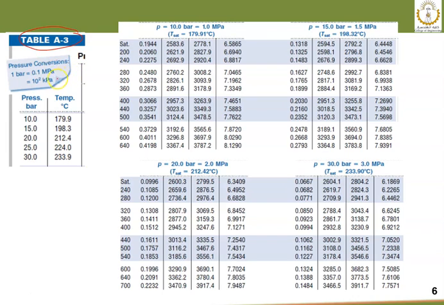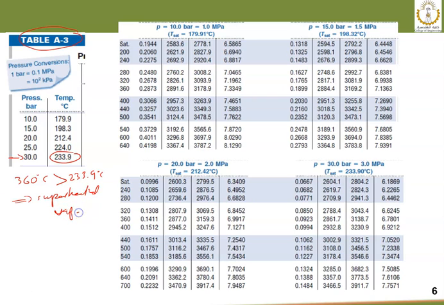We can go to table A2 also. In A3, 3 megapascal is 30 bar, and we see here the Tsat is 233.9. Our temperature is 360, which is greater than 233.9. Therefore, we are in the superheated vapor region.